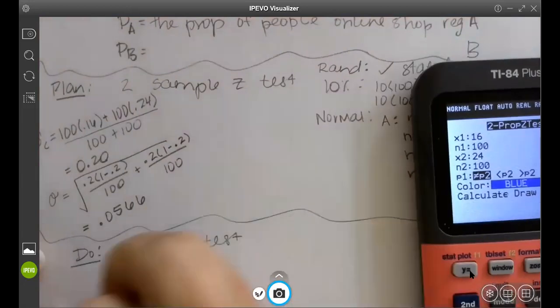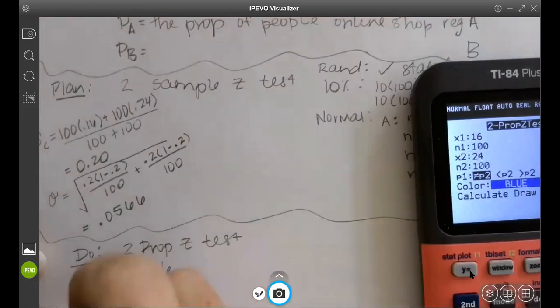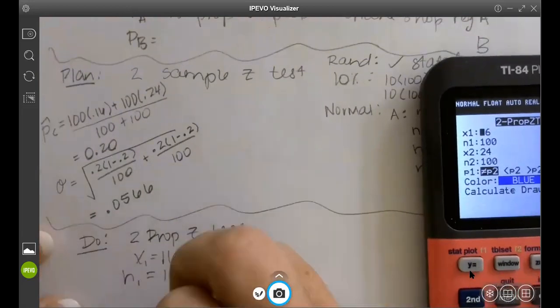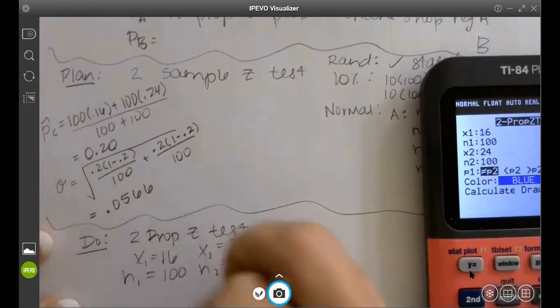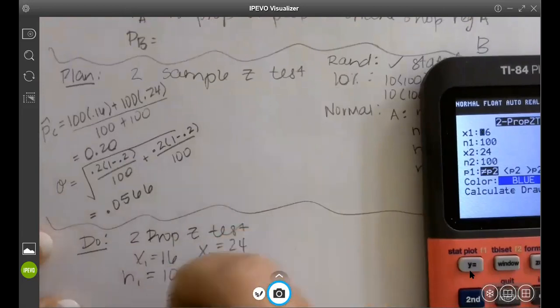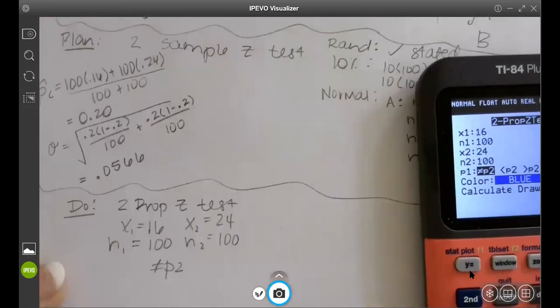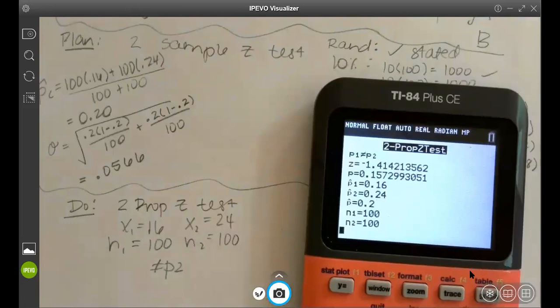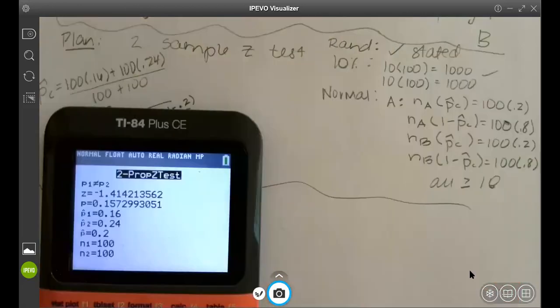And we have x1 equals 16, n1 is 100, x2 is 24, n2 is 100, and not equal to P2 is what I'm going to use. So that when I calculate it, I'm going to write down all of those, except I don't have to write down P hat 1, P hat 2. I really don't, but if you want to, that's fine.